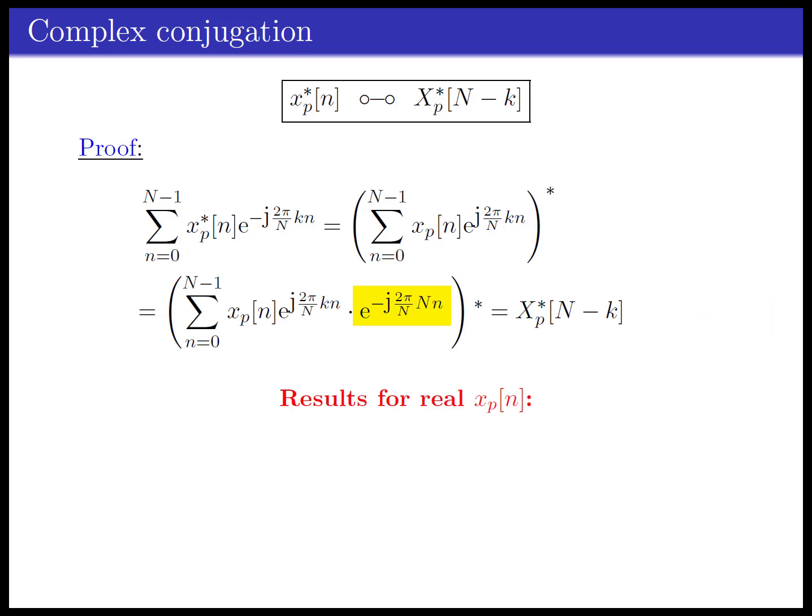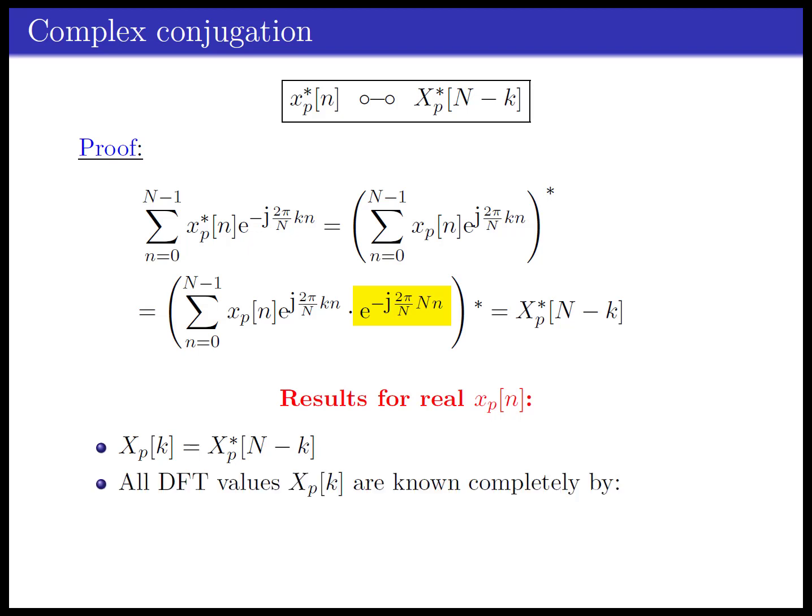As a result of this property, we can derive the following for the case that signal x is a real signal. First, the DFT of x star and x is the same, or in other words, the DFT of a real signal has the given symmetry property. From this, it follows that we only need to calculate half of the DFT components.